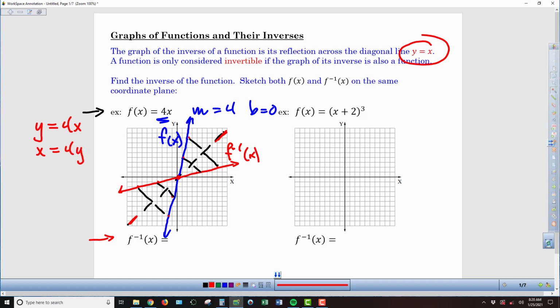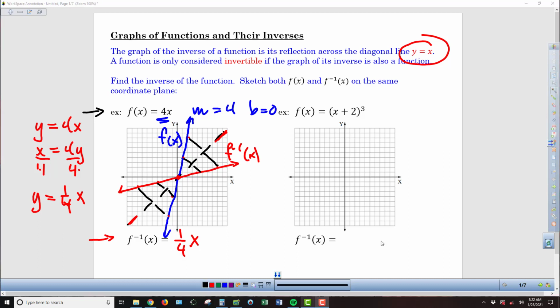Now I need to solve for y, so I'm going to divide both sides by 4, and so we get y equals 1/4 x. And so that is the graph that we see here, where we've got a y-intercept of 0, and then we've got a slope of 1/4. We're going up 1 over 4, up 1 over 4, down 1 and back 4 for the graph of that inverse.